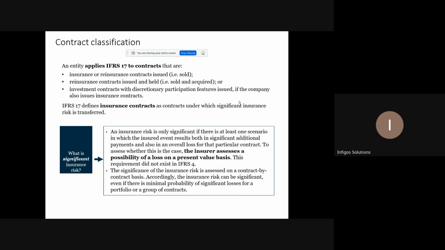You want to make sure that there is insurance risk, otherwise it will not be in IFRS 17 scope. So insurance risk is basically the possible probability that you're going to make loss, and you're going to assess that loss on present value basis.